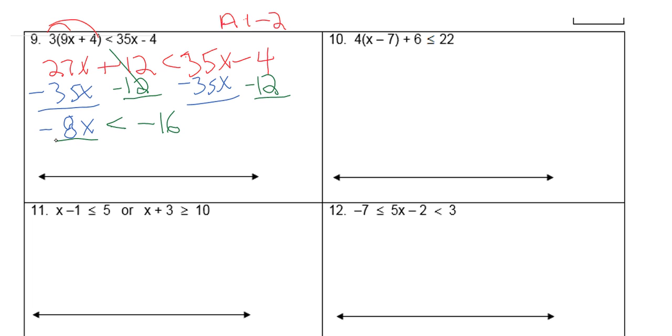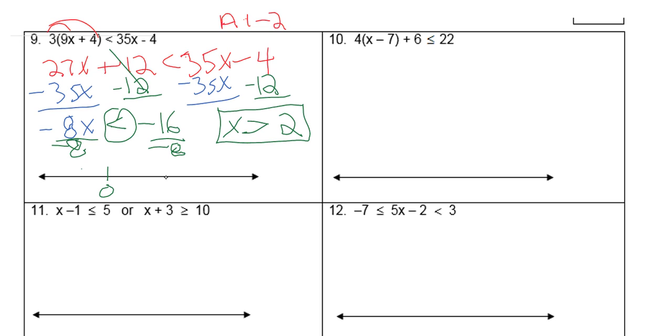Dividing both sides by negative 8 is going to cause a couple things to happen. First thing, we're going to get positive x, and instead of less than, we're going to have to switch the direction of that inequality, make it greater than, and then negative 16 divided by negative 8 is going to give us a positive 2.